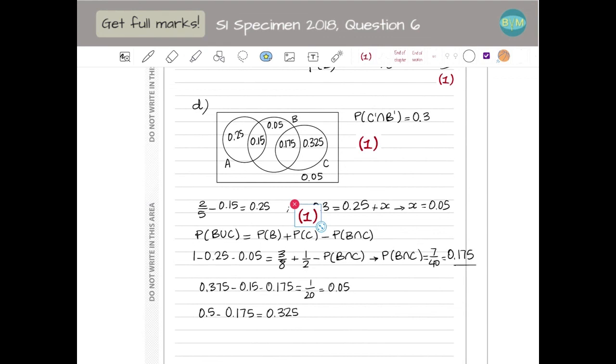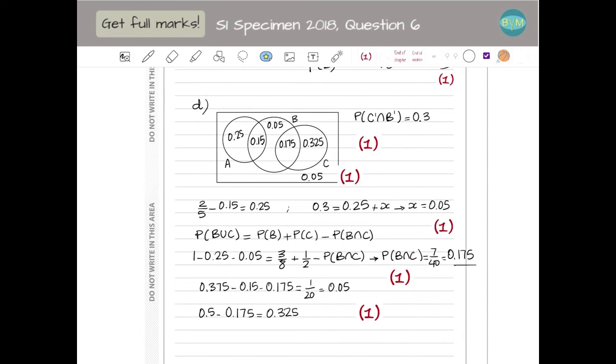Then for the 0.175 and 0.325, for these 2 you have another mark. And for the last 2 numbers, the 0.05 outside and the 0.05 inside, these 2 you have another mark. And the last mark is for having the whole Venn diagram completed and correct, with all the numbers correct.